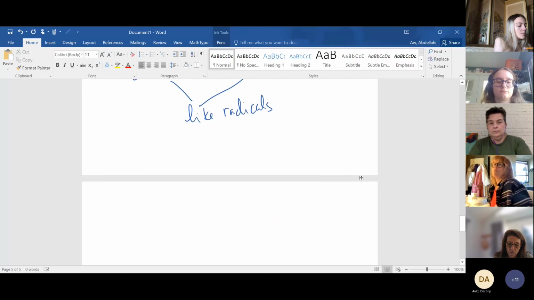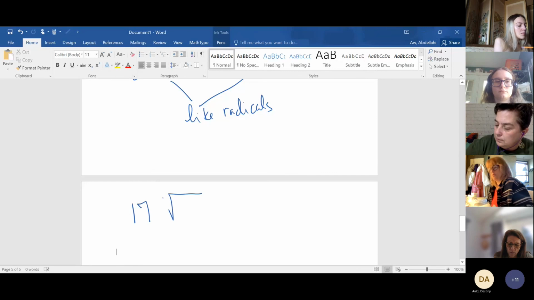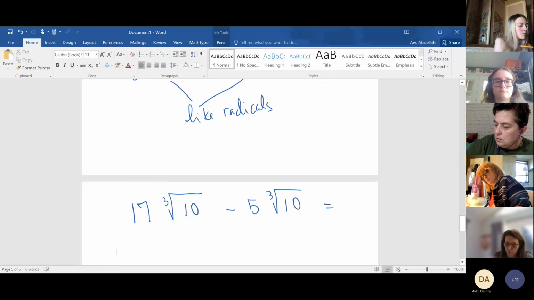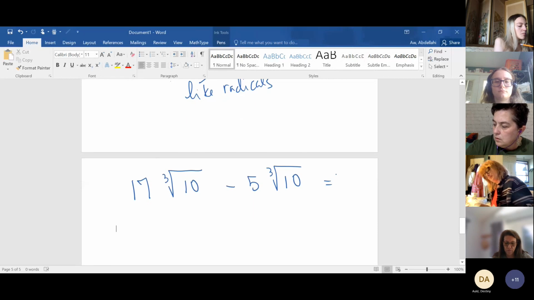For instance, right here, when you say 17 cube root of 10 minus 5 cube root of 10, right? The two radicals you see, are they exactly the same?